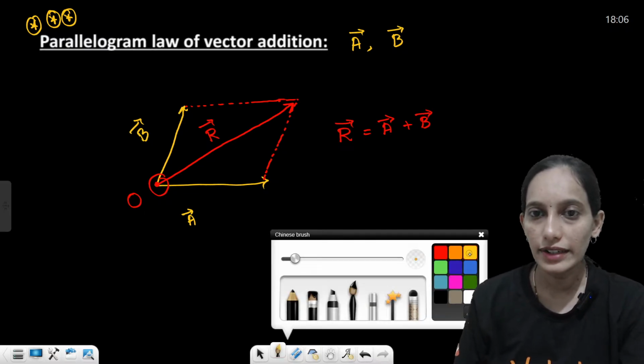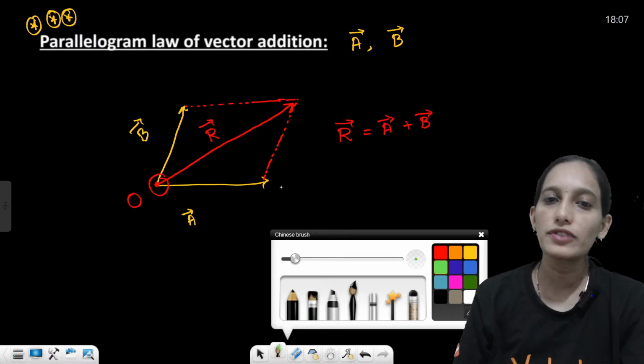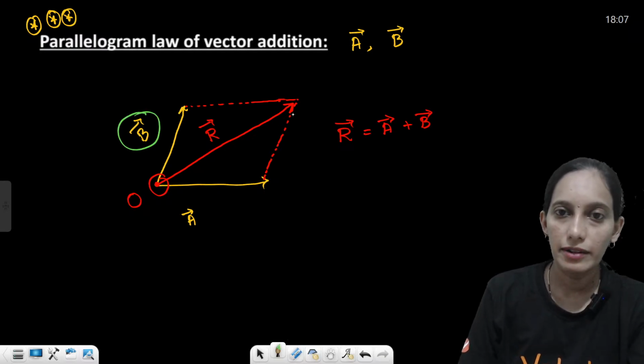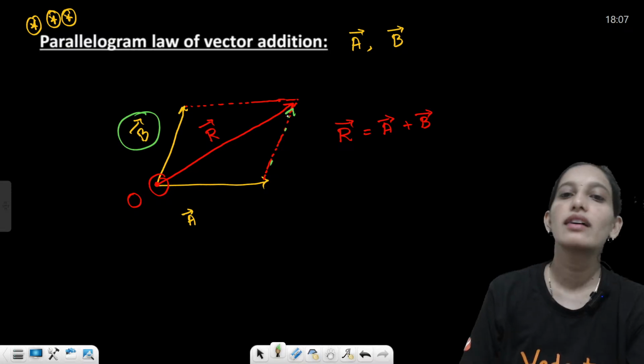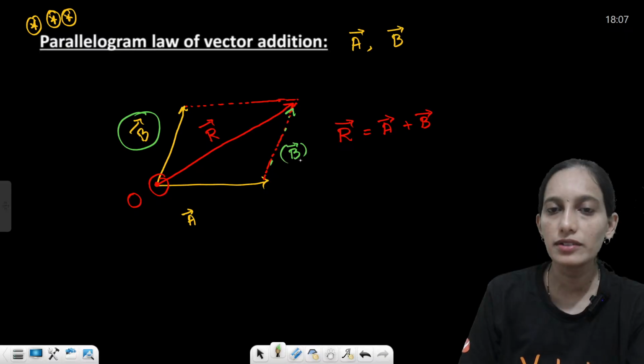Okay. So what can we say here, if you observe, this is nothing but the other form of triangular law of vector addition only we are talking, because this is B vector and by maths we know that the opposite sides are equal in a parallelogram. So this will be nothing but B vector, correct?